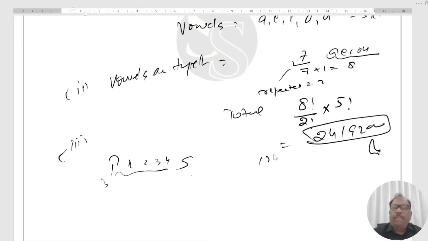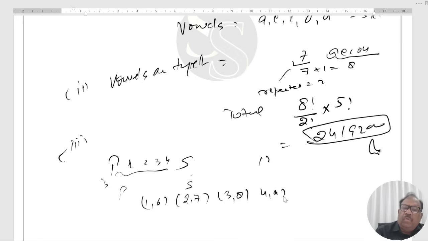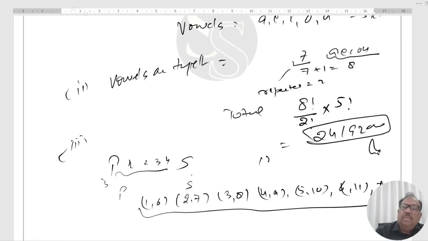We go up to 12, okay? So the positions of P and S can be 1 and 6, 2 and 7, 3 and 8, 4 and 9, 5 and 10, 6 and 11, 7 and 12. So 7 ways.